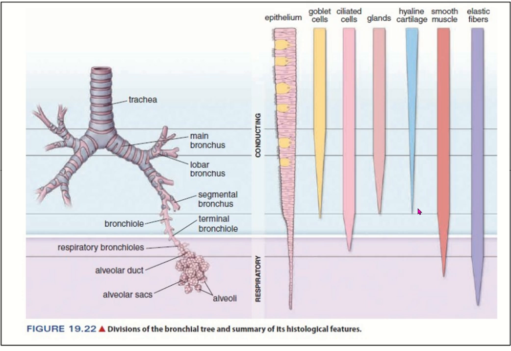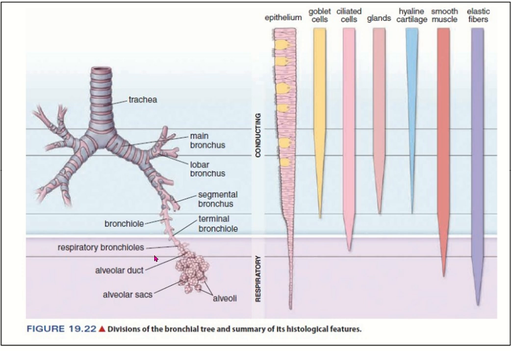Seromucous glands are present in the conducting part of the respiratory system, before the terminal bronchiole. Hyaline cartilage is only present in the bronchus, whereas in the bronchiole there is no hyaline cartilage. Smooth muscle is present in both the conducting system and partly also in the respiratory part.